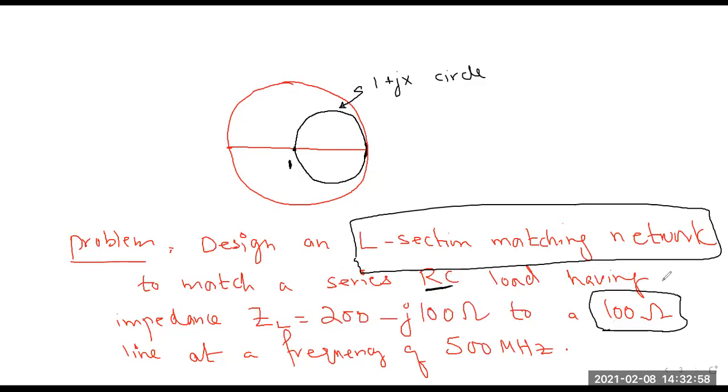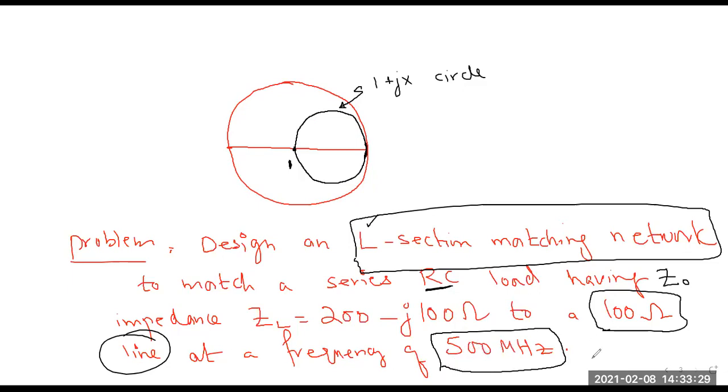This 100 ohm is basically Z0 of this line. Because in an L network we ultimately use capacitors or inductors, we will be able to find their values once we specify the frequency. The design frequency for which we are designing our matching network is 500 megahertz.